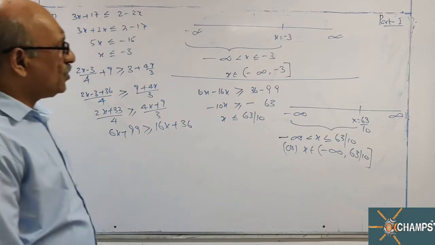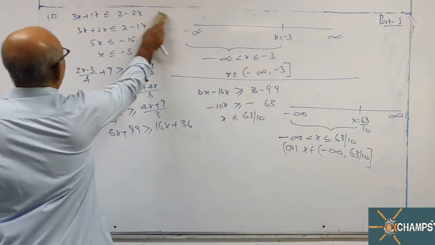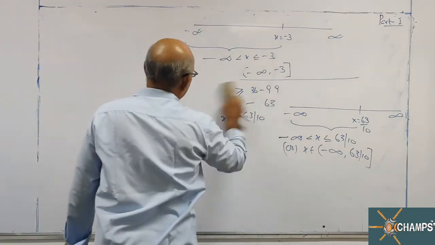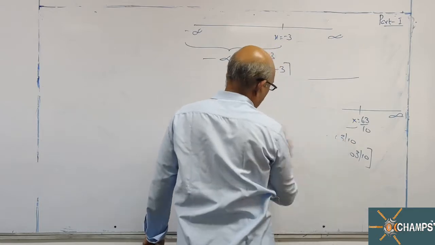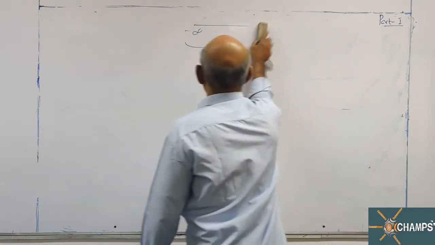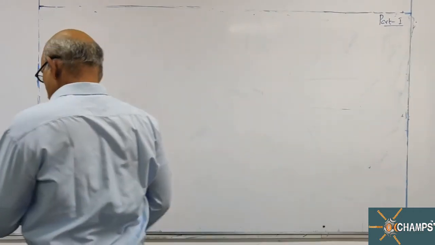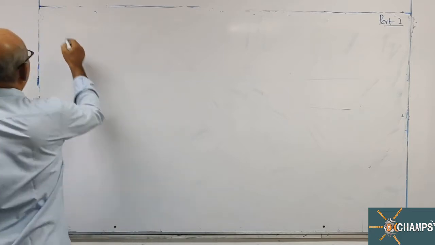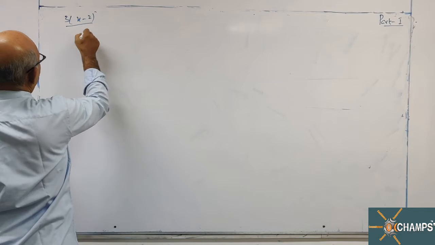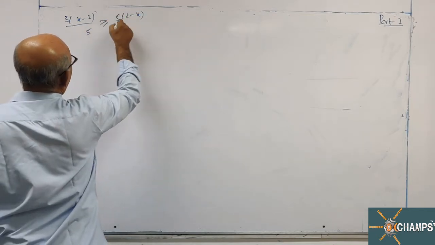Okay, one more question of this model, then I'll change the topic. 3 into x minus 2 divided by 5 greater than or equal to 5 into 2 minus x divided by 3.